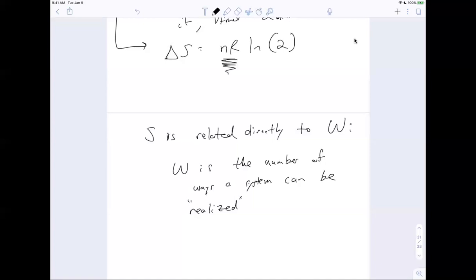So it has nothing to do with chaos, or it has nothing to do with disorder. You can see here that those words don't really mean anything because we define W in a very precise way. There is no way to confuse what W is. There is no way to connect W to chaos because I told you exactly what W is. W is the number of ways a system can be realized.